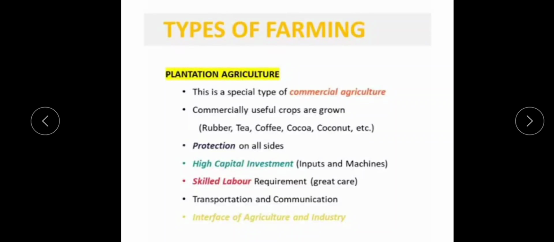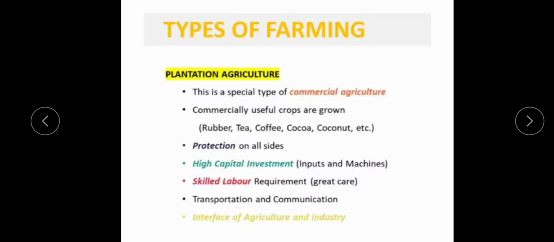It requires a lot of capital, technological knowledge, good fertilizer, irrigation facility, transport facility, managerial skills, etc., where you have to do proper management.